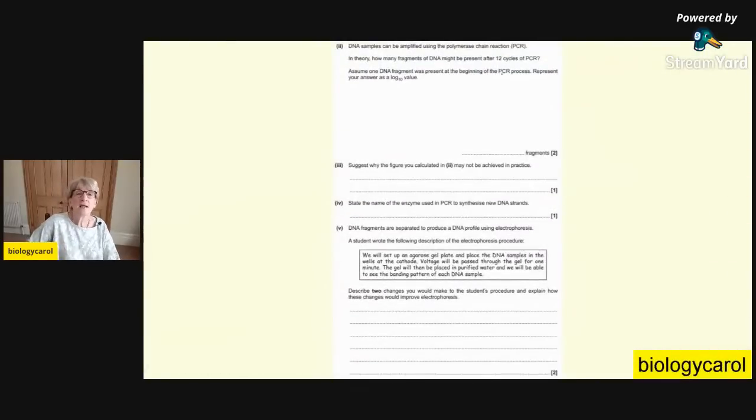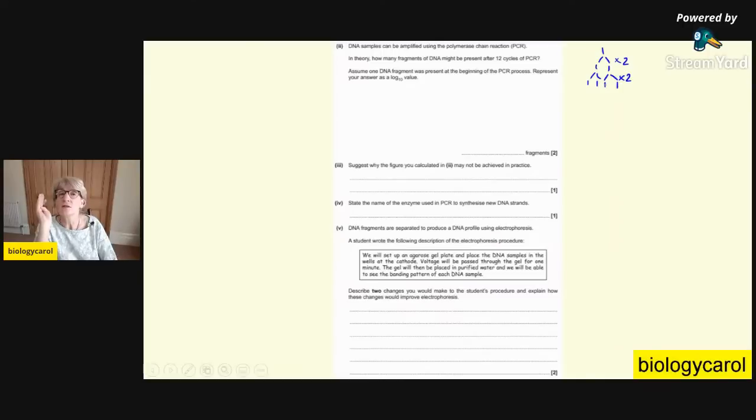DNA samples can be analysed using the polymerase chain reaction. In theory, how many fragments of DNA may be present after 12 cycles? Assume that you're starting with 1. So here is my single DNA fragment. With 1 PCR cycle, we get 2. With 2 PCR cycles, we get 4.